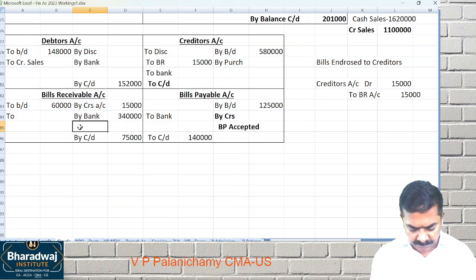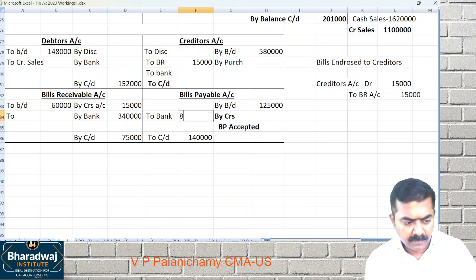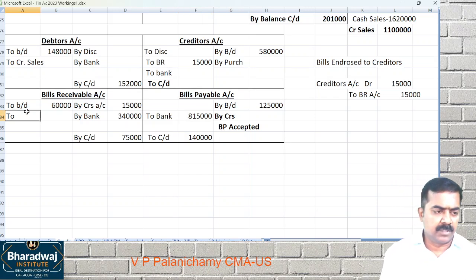Then what else will come? Bills payable paid is given. How much is given? 8,15,000.